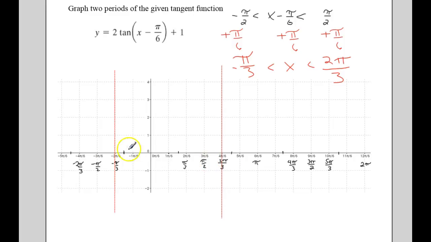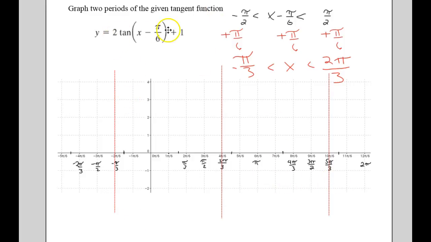That's a period of 3 pi over 3, or pi. So if we add pi, or 3 pi over 3, to our upper number here, 2 pi over 3, if we go another period of pi, we'll be at 5 pi over 3. Alright, so there's one period, there's a second period. They want us to give 2 periods.